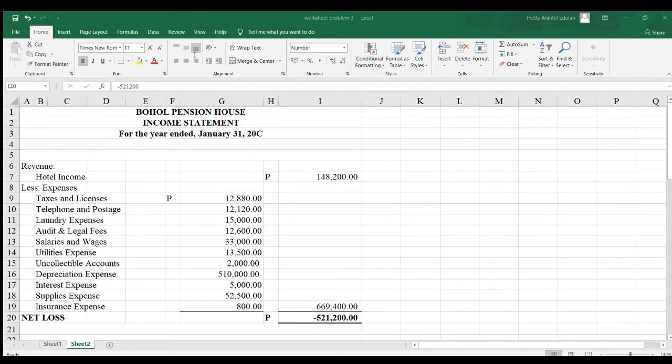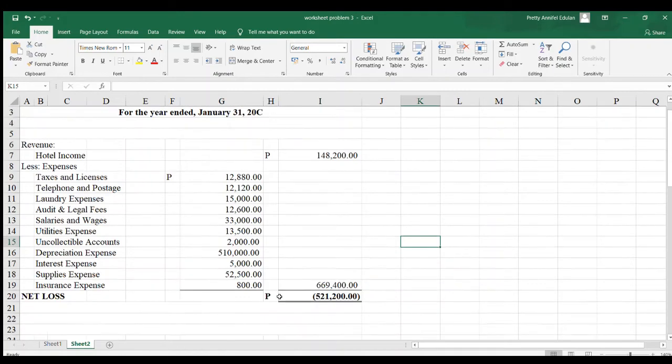Alright, this is the code. Okay, here. So it should be presented that way.